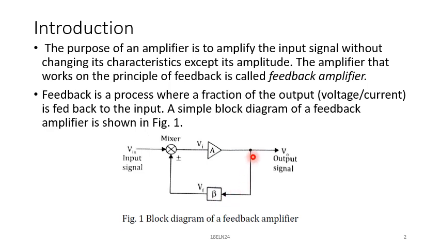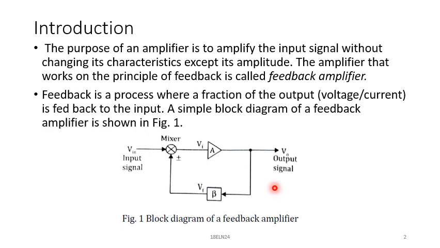Here you can observe part of the output, that is V0, is given as an input to the feedback network, and Vf is the feedback signal. So this is your block representation of feedback amplifiers.